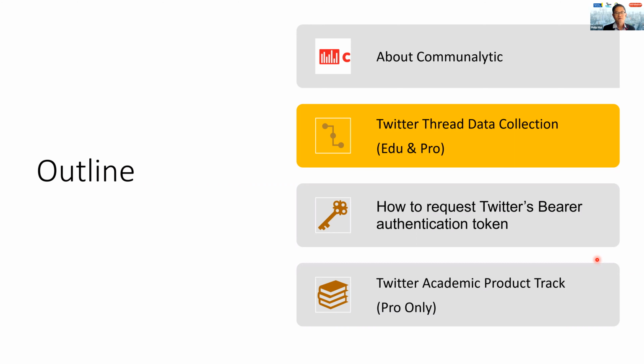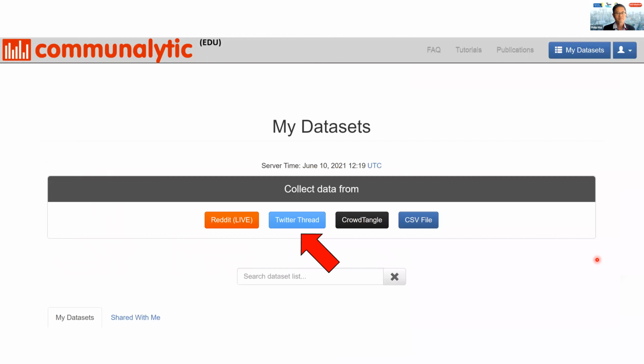So now I'm going to go over how to collect Twitter thread data, in particular within Communinalytic. When you log into Communinalytic.edu, it will take you to the My Dataset page, which is also your home screen. You will see a blue button called Twitter thread. This data collector collects replies or replies to replies in response to any given tweet posted within the past 7 days.